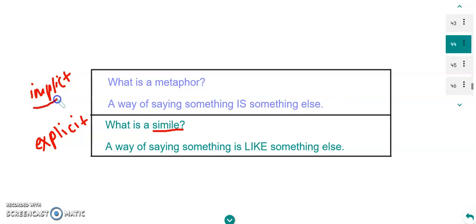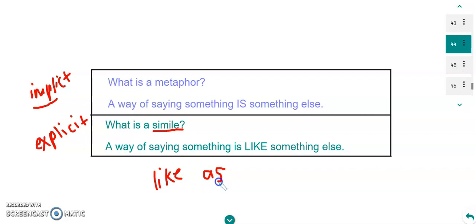Another way to make this easy for you is to think about the rules. So when we're talking about similes, we always apply connecting words, such as like and as.